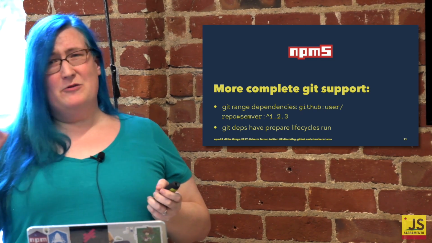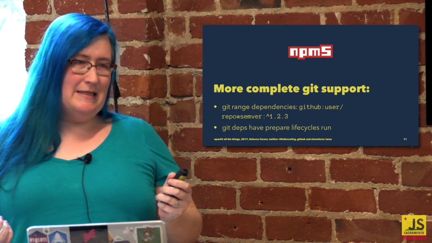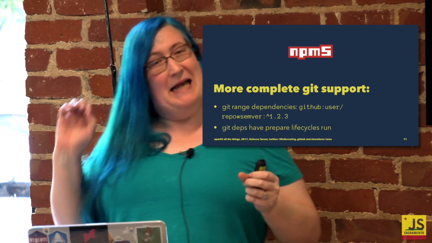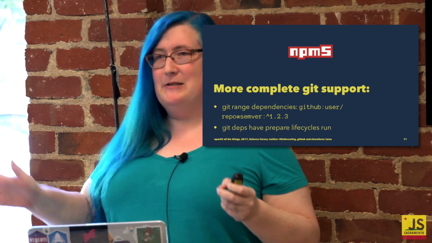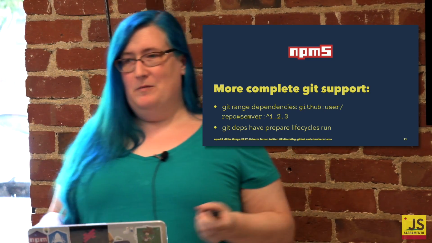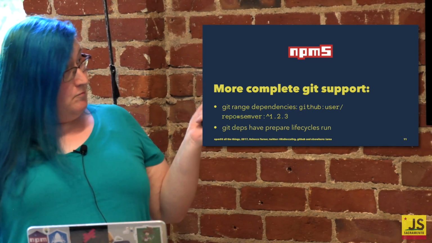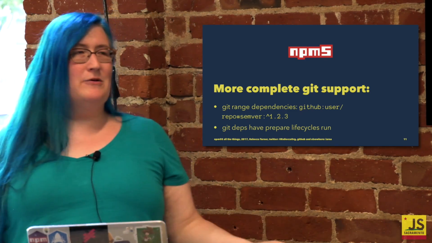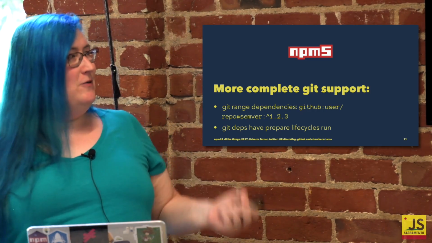And the other piece that was missing from Git dependencies that made them not really full-fledged members of the ecosystem was that, while it was technically possible, it involved a lot of work to have a Git dependency that was also published to the registry that had a build step of any kind. So if you were using Babel to compile down ES2017 into something that Node can run, you had to do something weird with post-install scripts, but you don't want to put those on the registry because that means everyone installing your package has to install Babel, and normally you wouldn't do that.